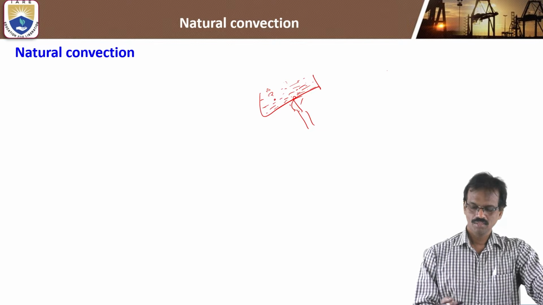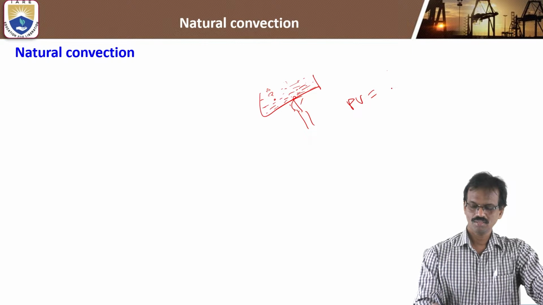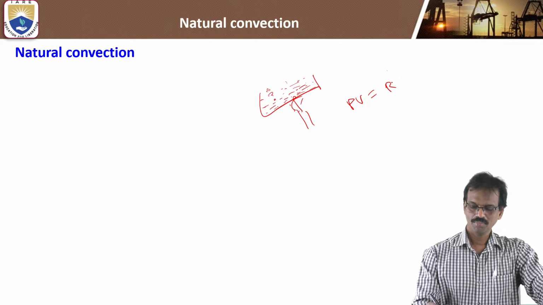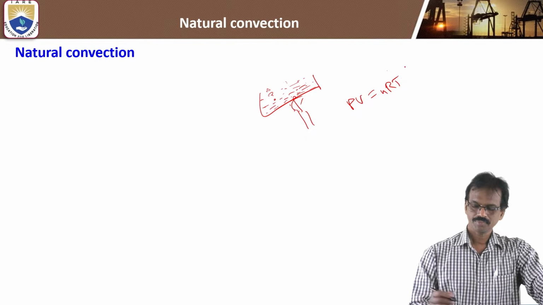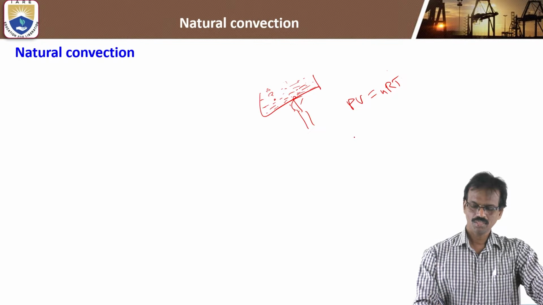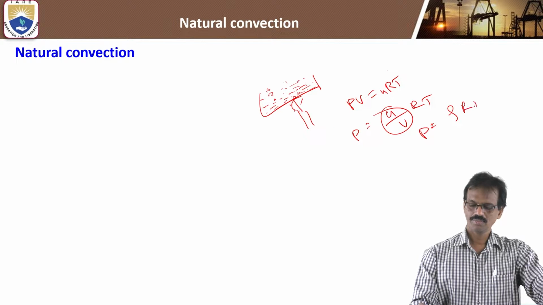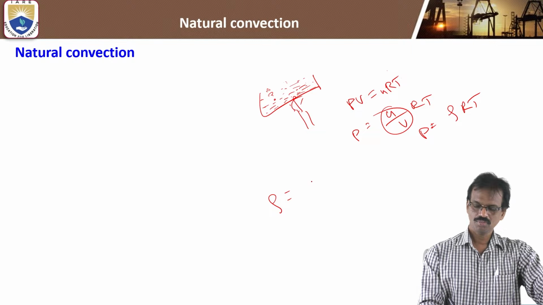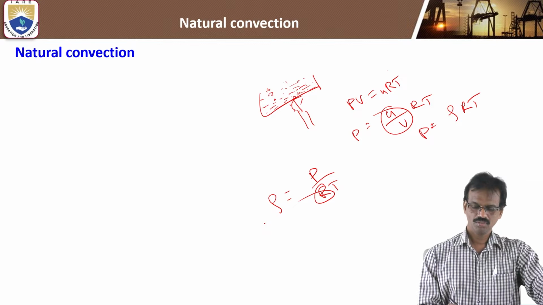You know that PV is equal to nRT, the universal gas formula. Then P is equal to n by V into RT, and n by V is nothing but density. So P is equal to rho into RT, and rho is equal to P by RT, where R is a constant.